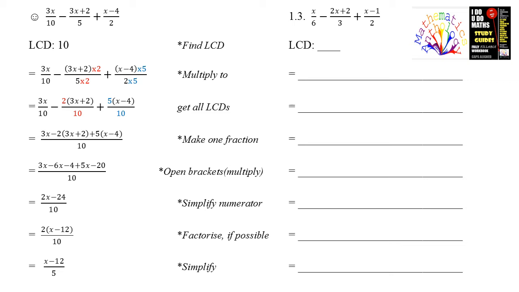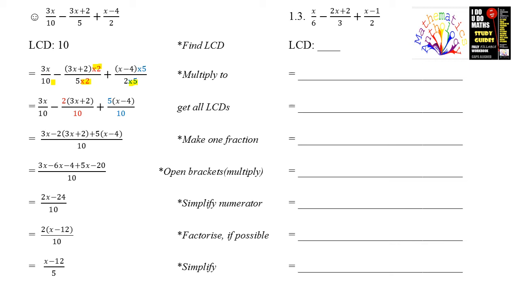So the first fraction, 3x over 10, remains the same because my LCD is 10. The second fraction is 5 originally as my denominator. I need to make that 10, so I'm going to multiply by 2. Whatever I do to the bottom, I must do to the top, so I multiply the numerator by 2 as well. The third fraction has an original denominator of 2. To make that 10, I need to multiply by 5.